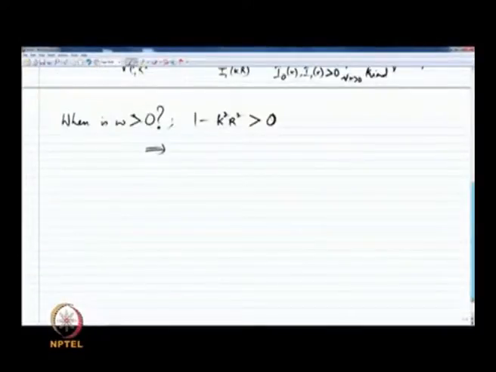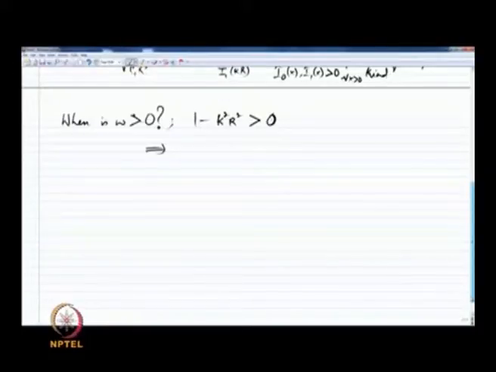We are able to solve this in closed form, which is simply as follows. Now I 0 and I 1 are modified Bessel functions of the first kind and are positive for positive arguments. So, I 0 x and I 1 x are greater than 0 for all x greater than 0.